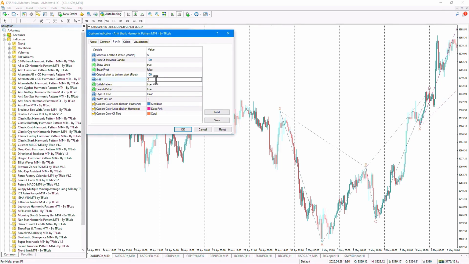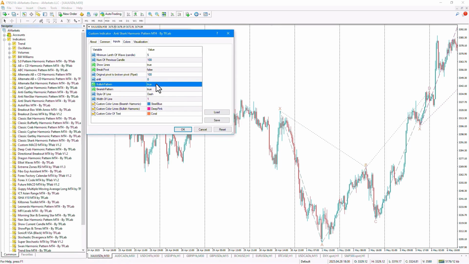If I set the value to 0 here, it will look for and analyze the harmonic pattern as soon as the candle closes, and finally, it will draw the pattern for us. Here, we can enter different numbers, and depending on the value we set, it will move forward by that amount and then analyze the pattern for us.